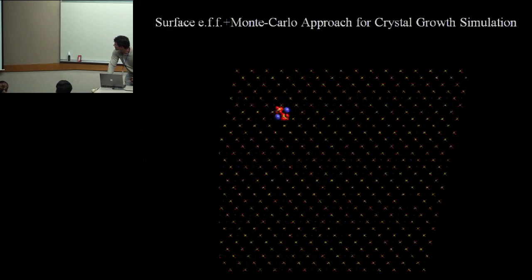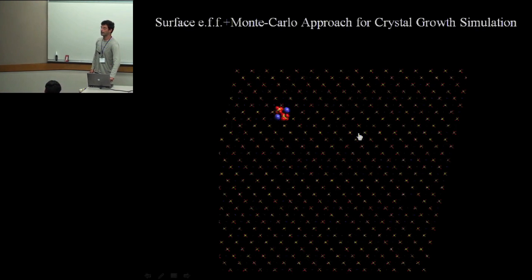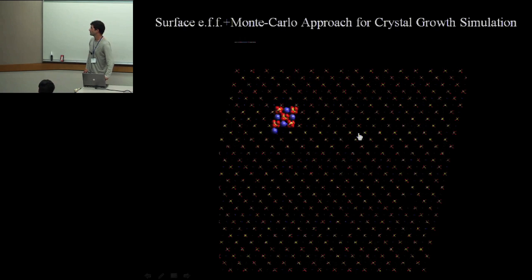How do we do this? Essentially, we combine an empirical force field, which is good enough for this process because it's an ionic crystal. But then we have to essentially throw molecules on the surface. We have to get hydration energies depending on the site where we adsorb it very precisely.